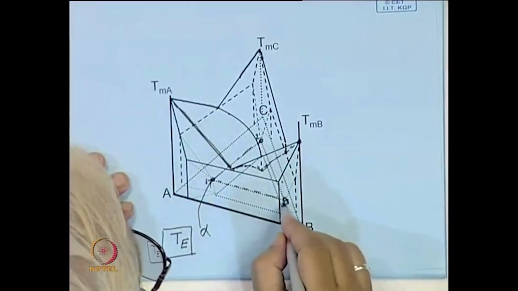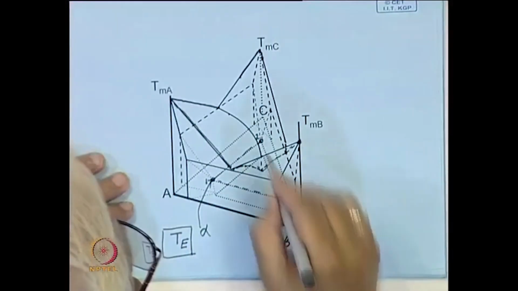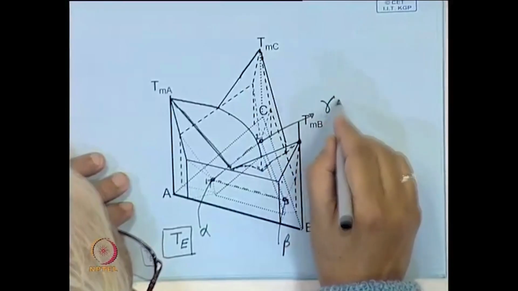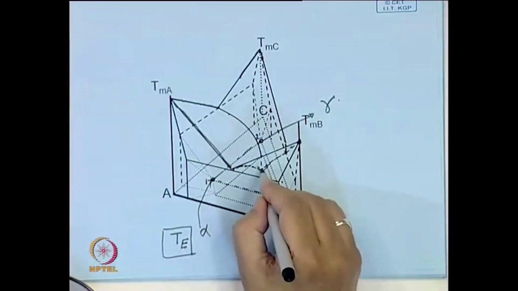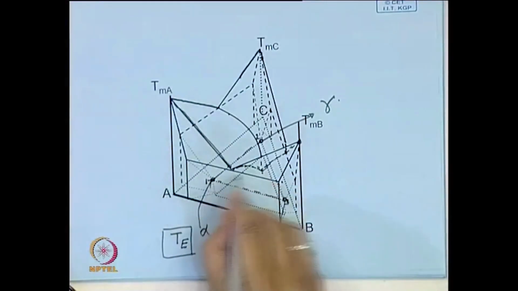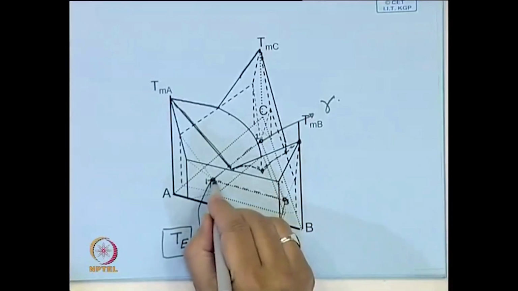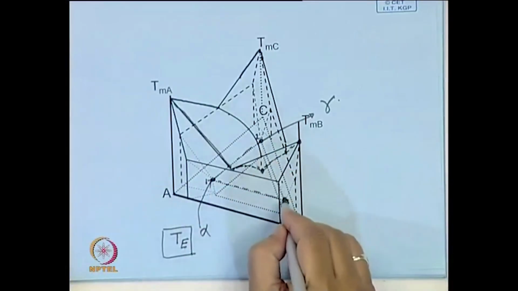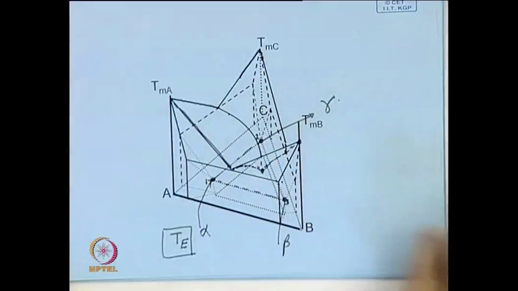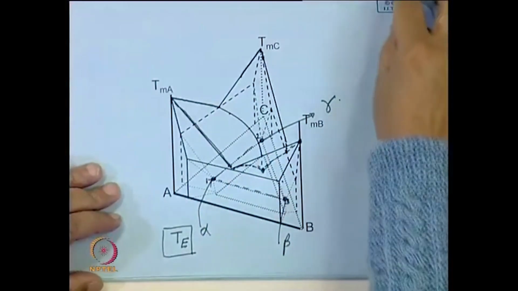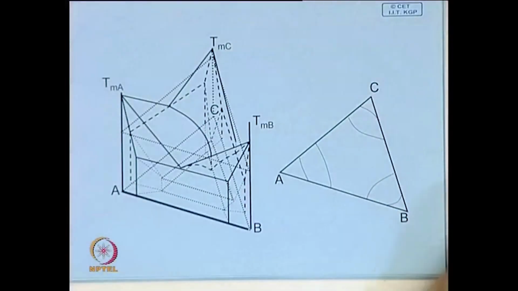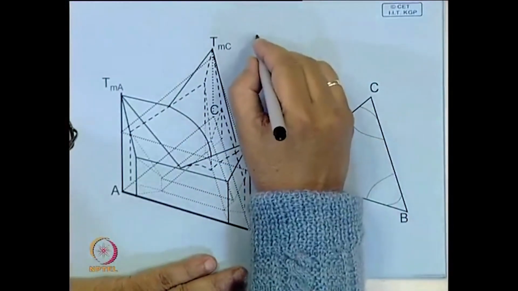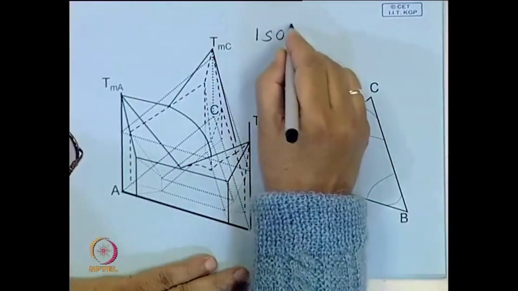This is alpha, this is beta, and this is gamma, and they have fixed composition. So, at this temperature T, there will be equilibrium between liquid of a specific composition and 3 solids of specific compositions, that is 1, 2, 3. Now, let us try and construct sectional diagrams. So, let us look at one isothermal section.